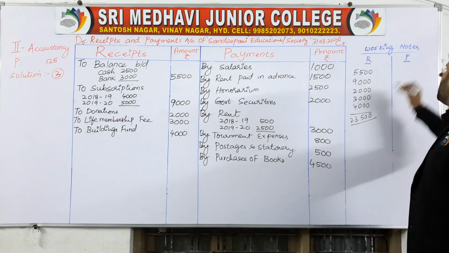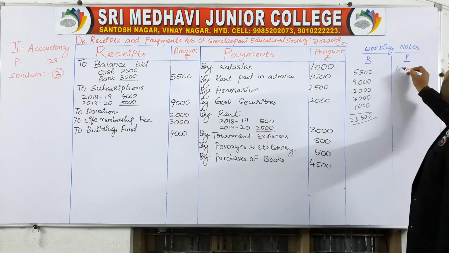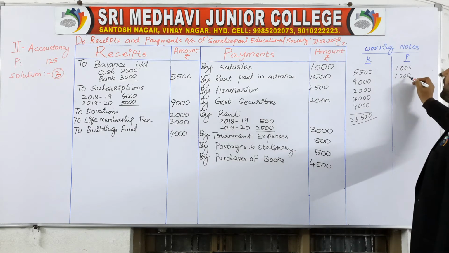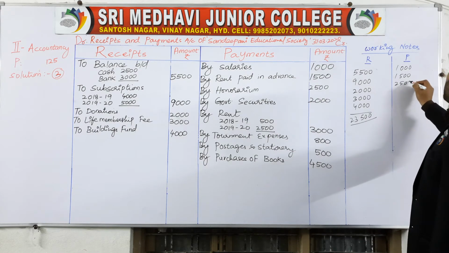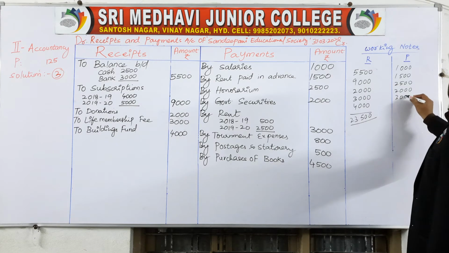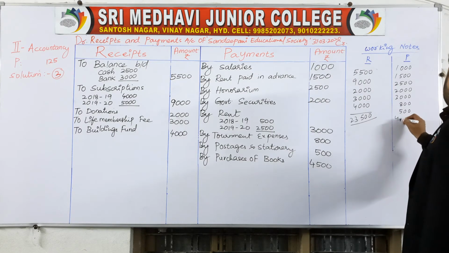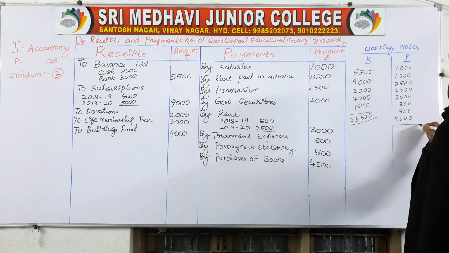Look at the total payments made by Sandeepni Educational Society: 1000, 1500, 2500, 2000, 3000, 800, 500, 4500.